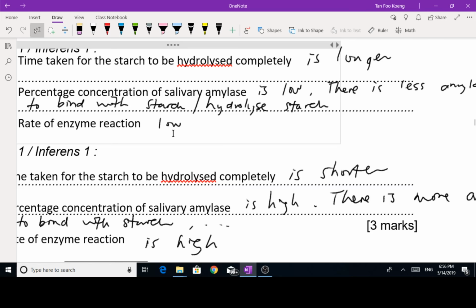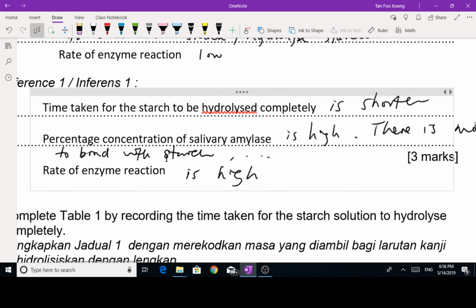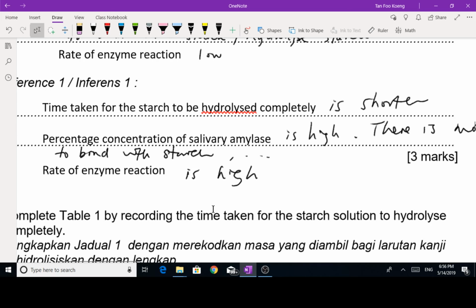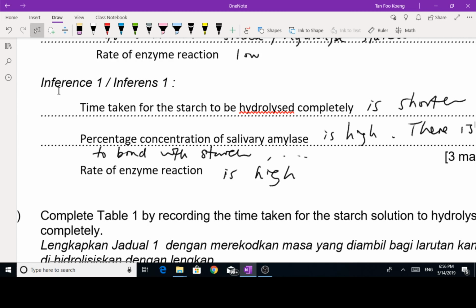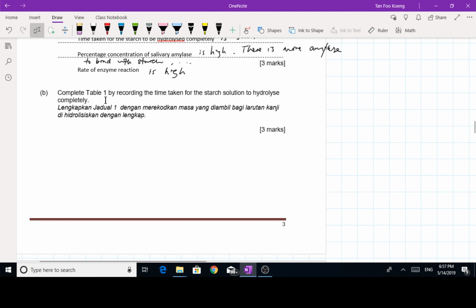So that's why the rate of enzymatic reaction is high. So remember, when you are writing an inference, make sure that you state the ORV followed by MV and lastly your RV.